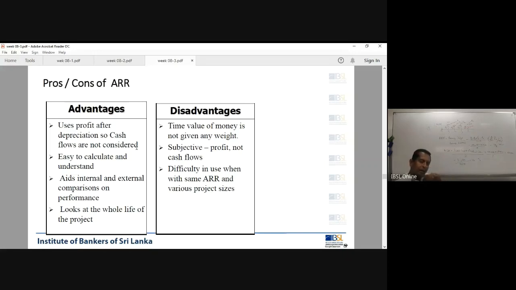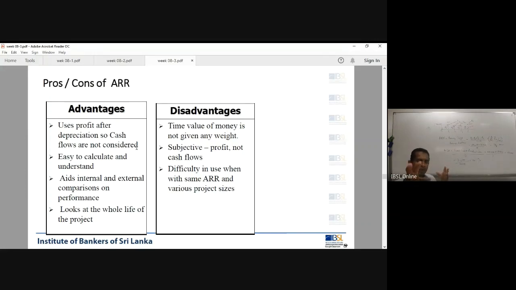Once we recover our whole initial investment, we are not bothered about the money afterwards. But here in this case, we look at the entire project cash flow, entire project's profitability, entire project's life. Right? So it is easy. We look at the entire project.